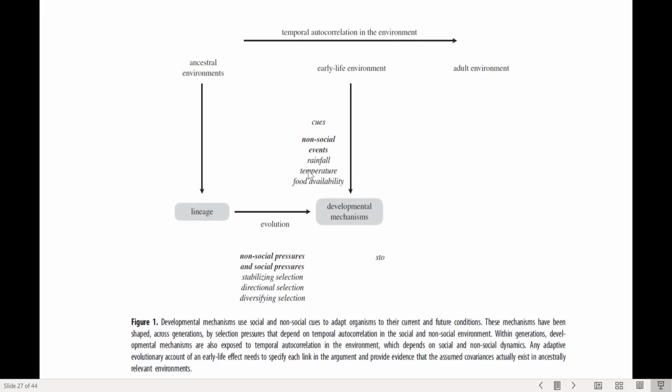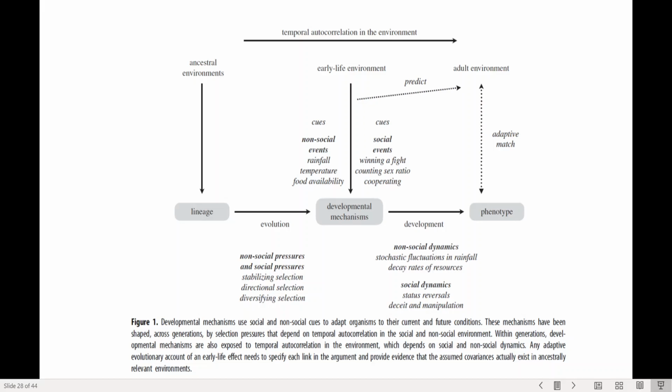So right now, evolution sets parameters for possible developmental trajectories, and what is important now is these trajectories lead to a specific phenotype that is expressed during adulthood. And the important thing now is, what is the stability of the environment? What is called technically the temporal autocorrelation. So how similar are these environments between our early life and our adult environment?